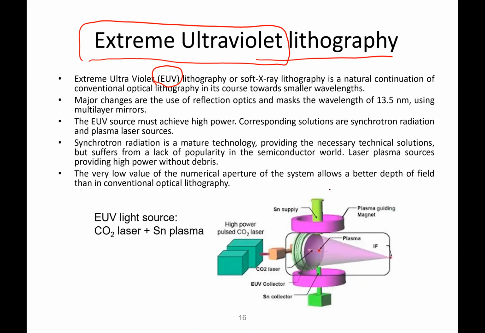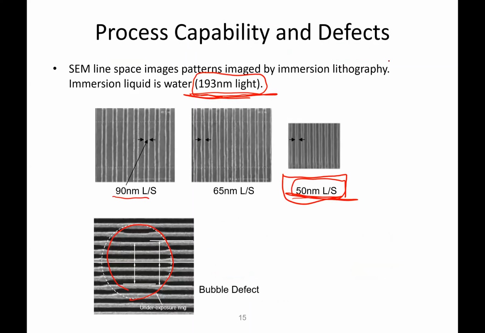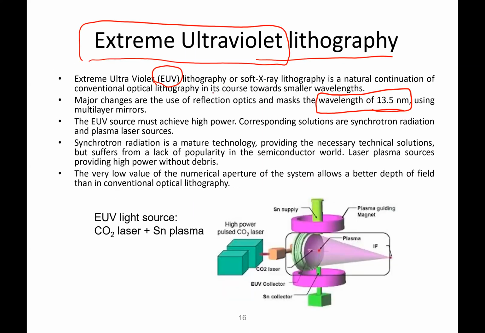And the wavelength of the light source for extreme UV is 13.5 nanometer. The emergent lithography light source was 193 nanometer wavelength, and now it goes down to 13.5 nanometer.